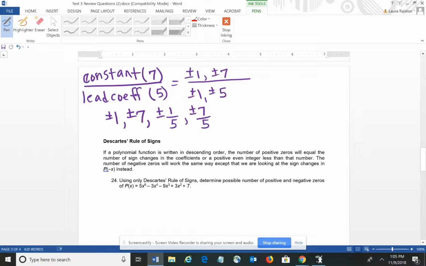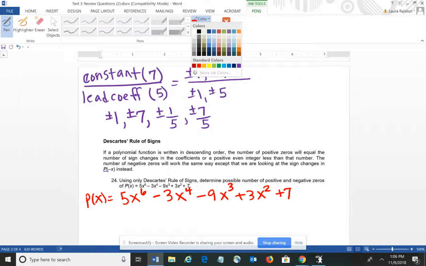So let me rewrite this polynomial where we can see it really well, and I can help you count them. We have 5x to the 6th minus 3x to the 4th minus 9x to the 3rd plus 3x squared plus 7. And then I'm going to count the sign changes.